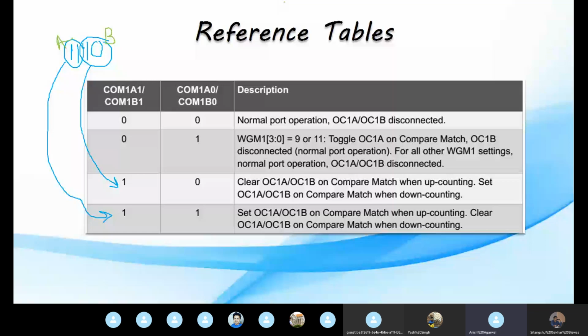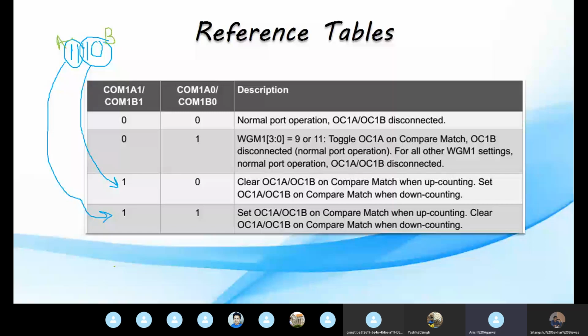Coming to the second pulse. The second pulse we have set in the 1-0 mode. You remember we have set the 5th and the 4th bit of the TCCR1A register to 1-0. So it is doing just the opposite of the first pulse. It is clearing when it encounters the OCR value at up counting.